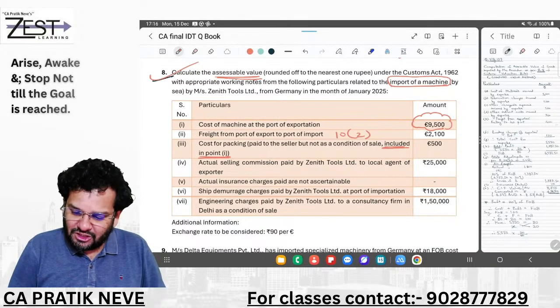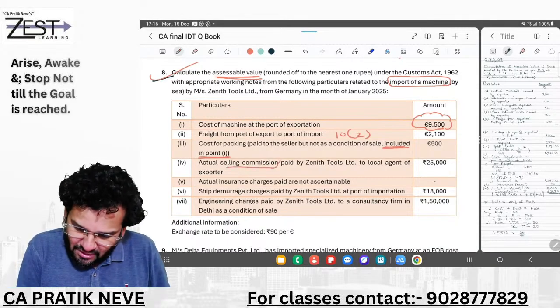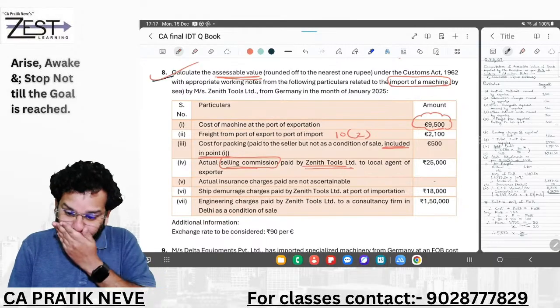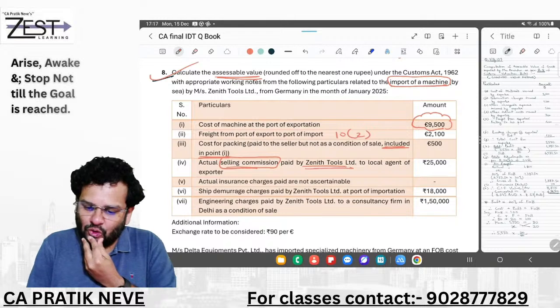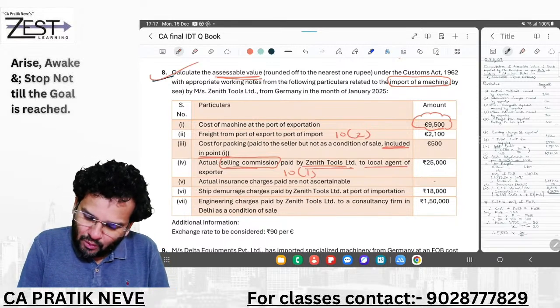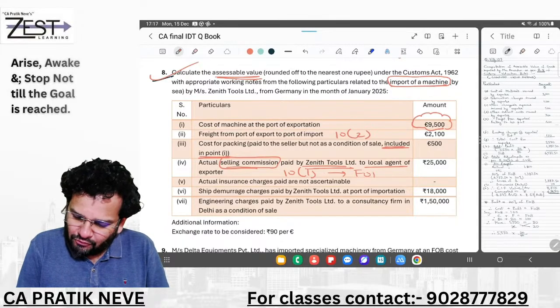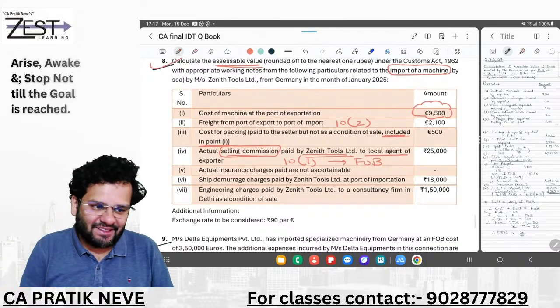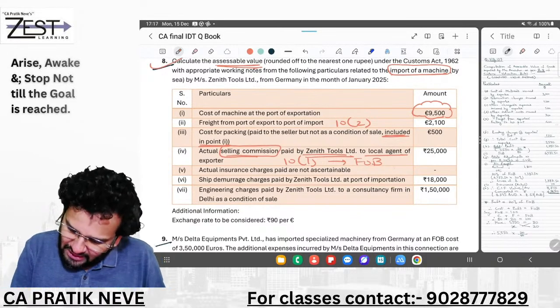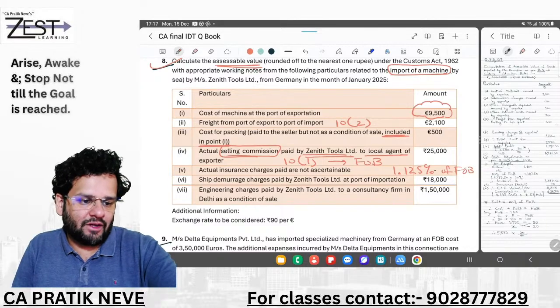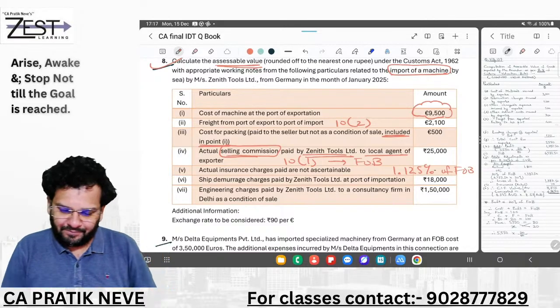Actual selling commission. So friends, it is not buying commission, it is selling commission paid by Zenit Tools Limited to local agent. So yes, this is an adjustment of 10-1. This will form part of FOB. Actual insurance charges are not ascertainable. No problem. When not ascertainable, you take 1.125% of FOB.